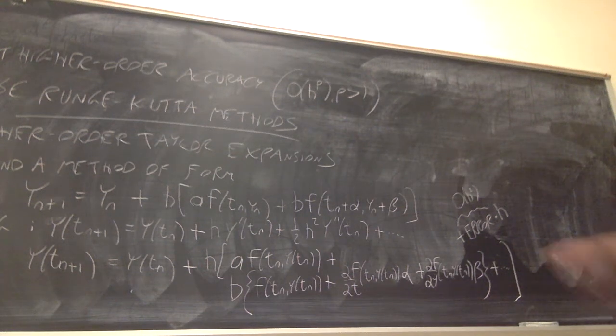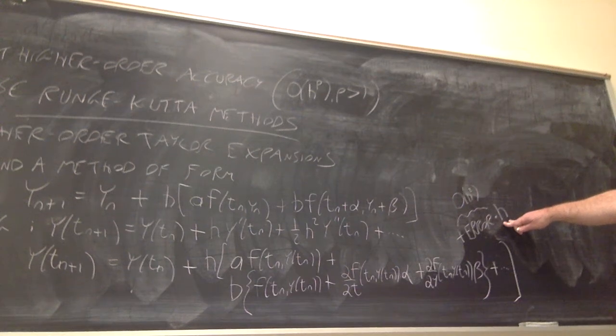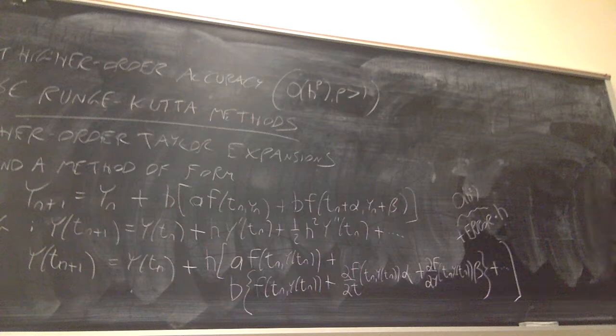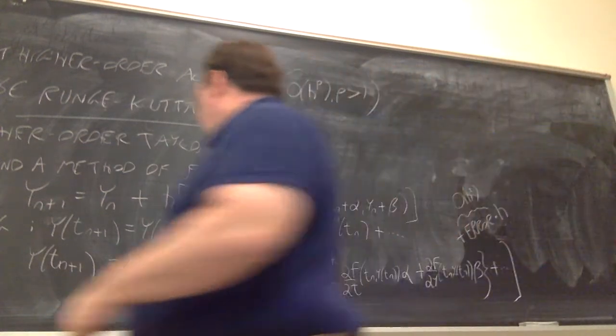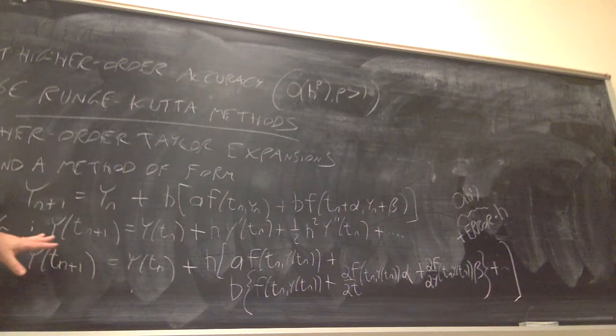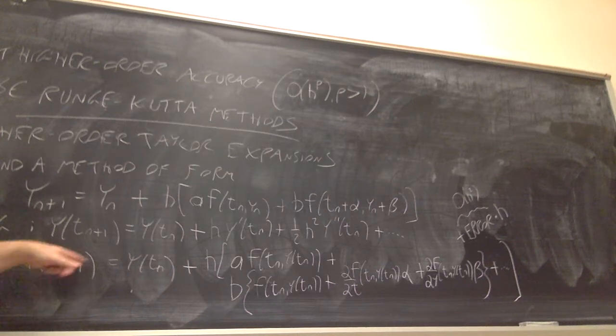And I realize having this factor of h in here is kind of weird. Like, why did I throw that in there? It's because if I were to rearrange this equation algebraically to make it look like the differential equation, I'd have y of tn plus 1 minus y of tn over h, and that is approximating y prime.